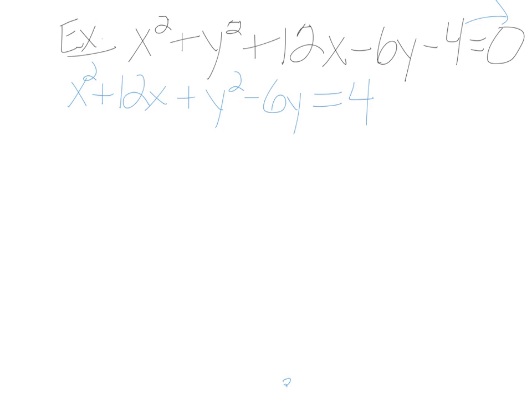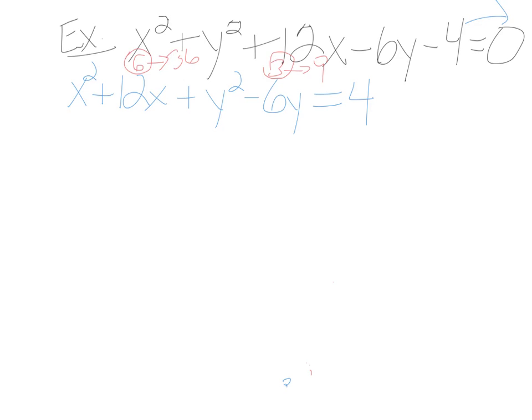The number in front of the letters to the first power cut in half. So the 12 cut in half is 6. And the 6 cut in half is 3. Don't worry about the minus right now. We square those numbers and add them to both sides. 6 squared is 36. And 3 squared is 9.